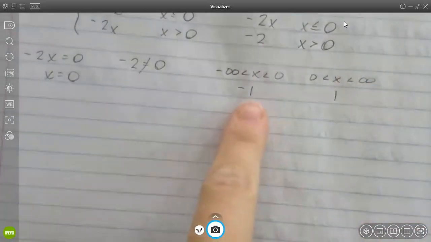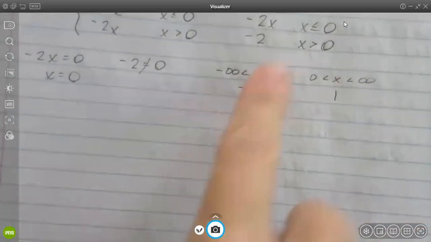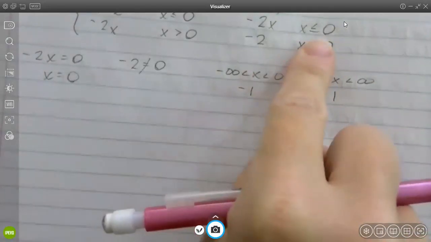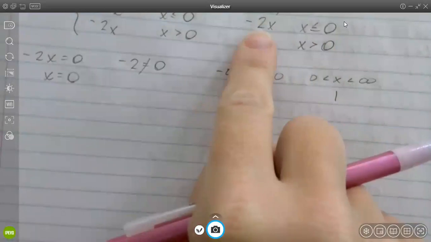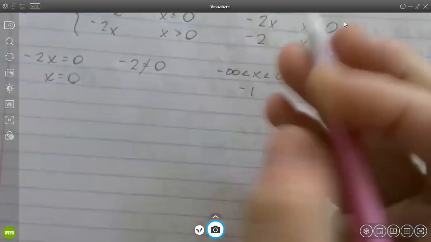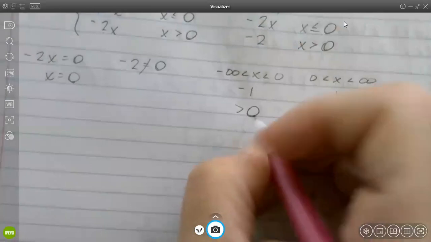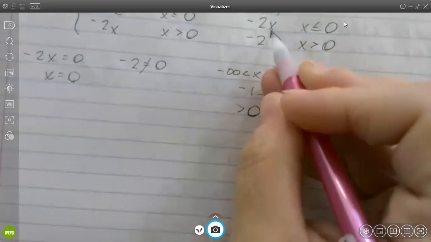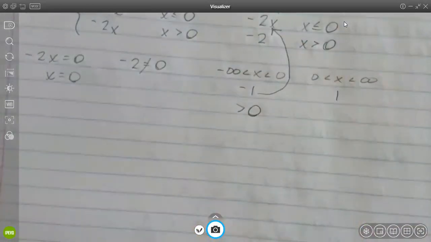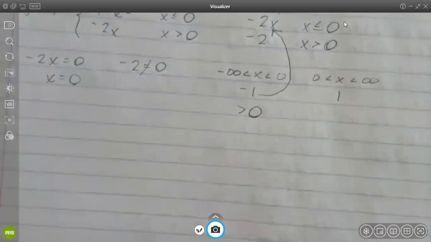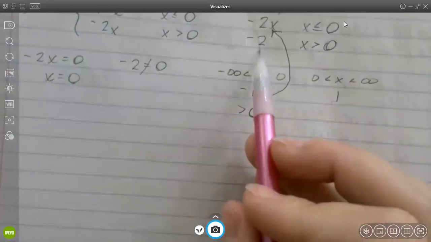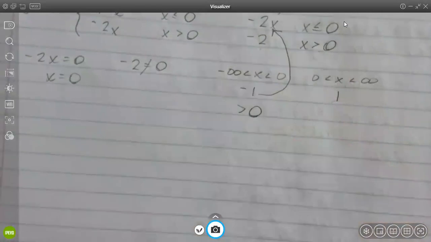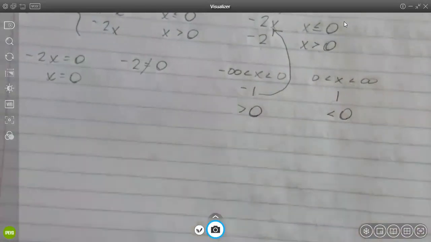Okay. We have -1 is less than or equal to 0. So I plug it in here. What's -2 times -1? Which is greater than 0. But you had to plug this one in here because your x value was less than or equal to 0. Everybody got it? So then this value is 1, which is greater than 0. So I use this derivative, which is less than 0.